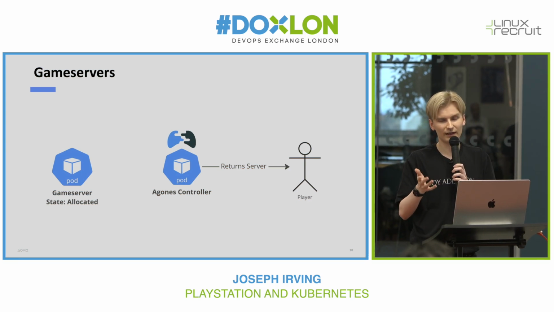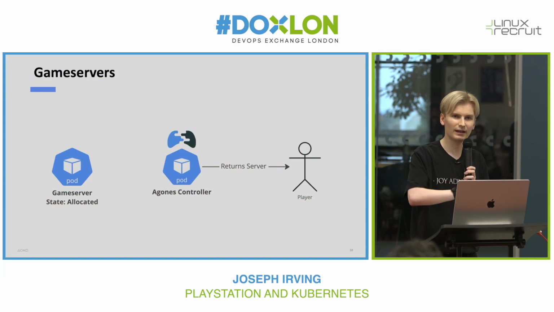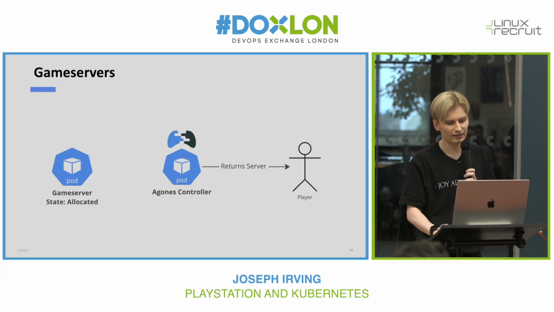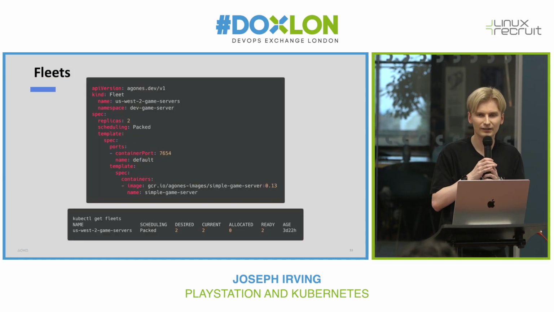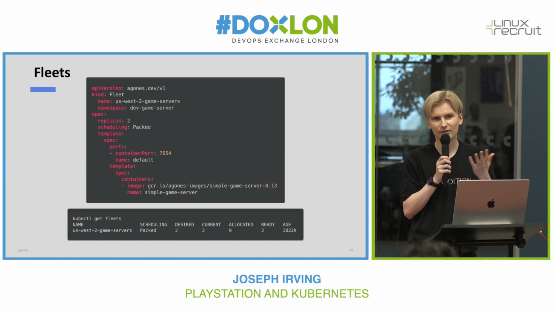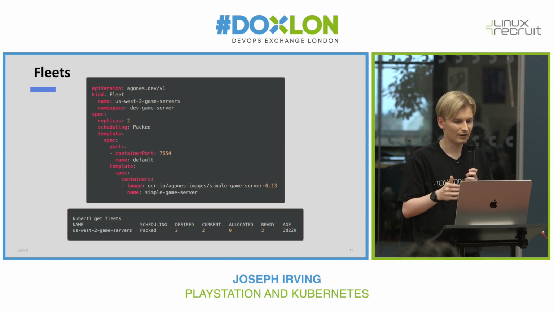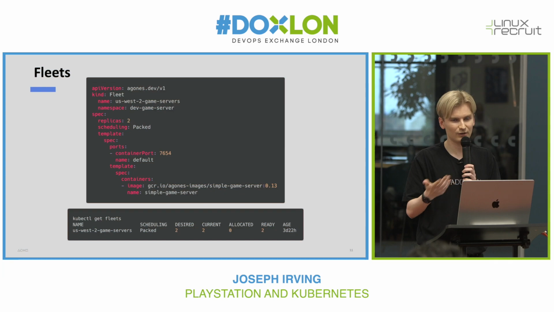But this just covers how you create one game server. Realistically, you're going to be using multiple, and just like how in Kubernetes you have pods and deployments, in Agones we have fleets. A fleet is another custom resource, and it just creates a number of replicas of game servers. It looks, again, very similar to a deployment.